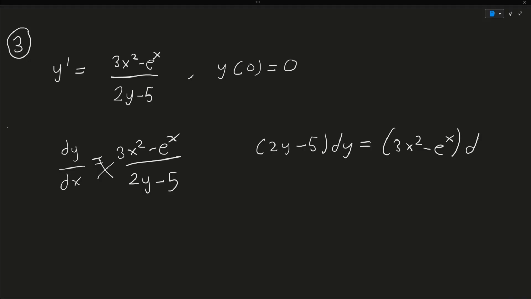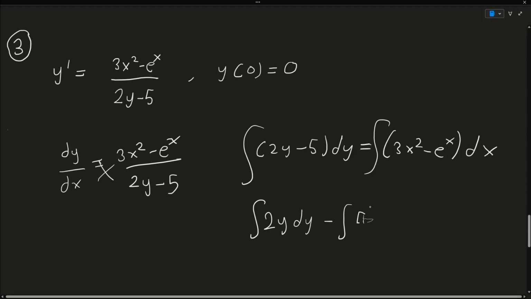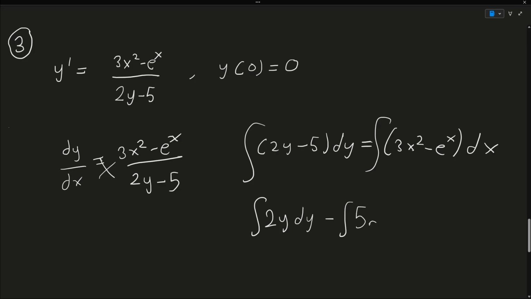And we would be able to integrate both sides, and we would split this integral: the integral of 2y dy minus the integral of 5 dy equals the integral of 3x squared dx minus the integral of e to the x dx.